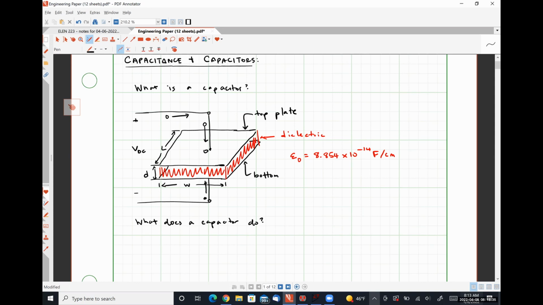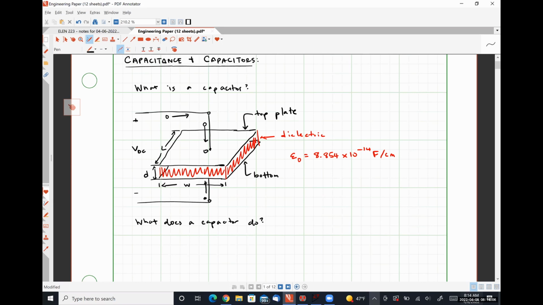So for every individual positive charge that we accumulate on the top plate, we're going to attract a negative charge to match that, so that it's always perfectly balanced, okay? Well, because positive charges repel each other and negative charges repel each other, every additional charge that we store on one of the capacitor plates makes it a little bit harder to store another one.